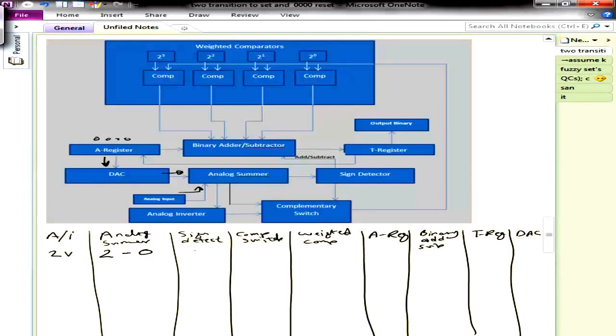So we have analog input, which is 2, minus the output of the DAC, which is 0. The sign detector detects the output of the analog summer, and the analog summer output is also inverted. So the output of the analog summer is minus 2. The sign detector detects the sign is negative.